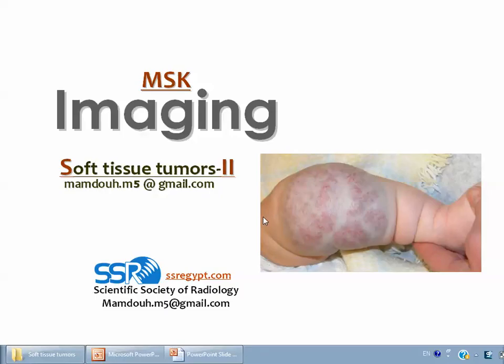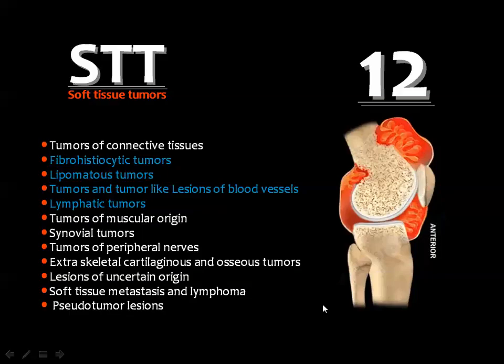Dear colleagues, now we will handle the second part of the topic, dealing with imaging of the soft tissue tumors. If you remember from the first part of this talk, we handled the imaging modalities, the ways of examination, the important findings or the important values of each imaging modality.